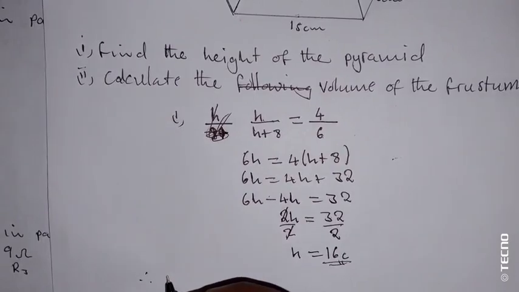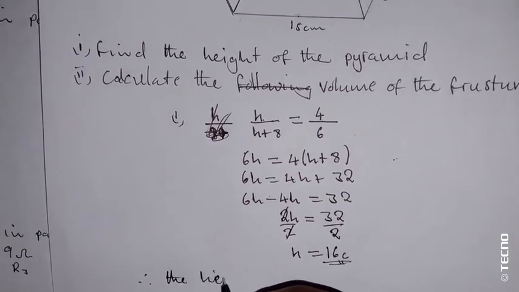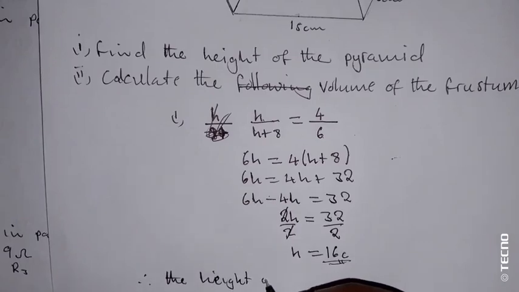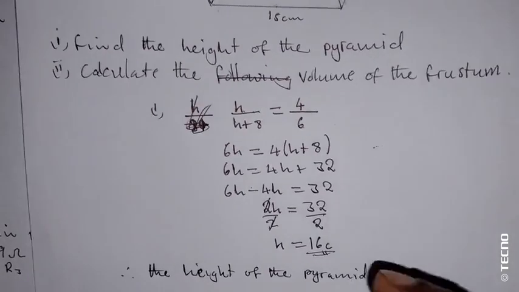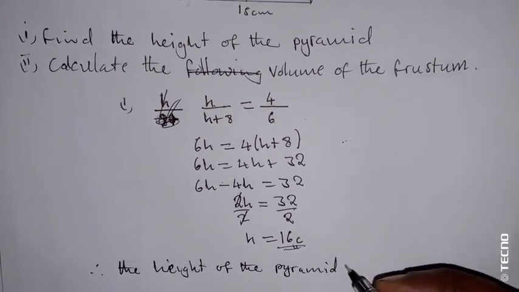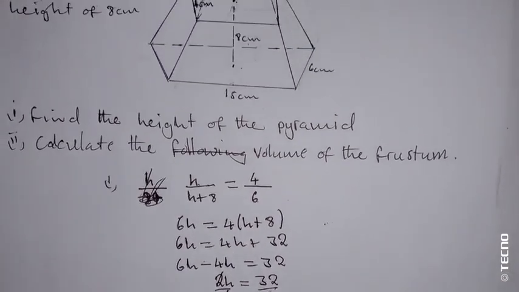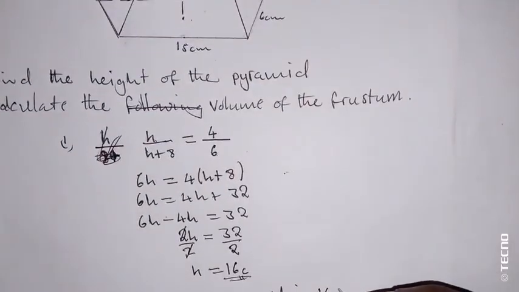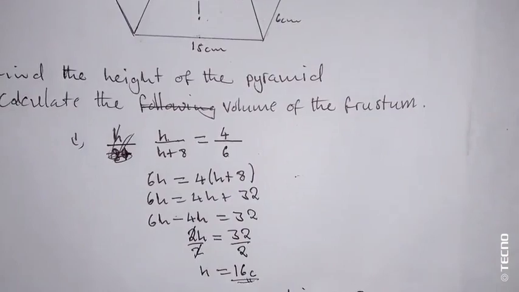the pyramid is, we'll say this 16, which is the small h on this side, plus the height of the frustum, which is 8.